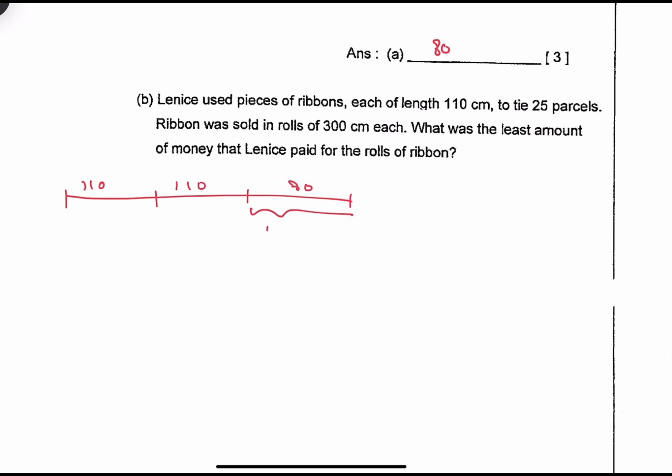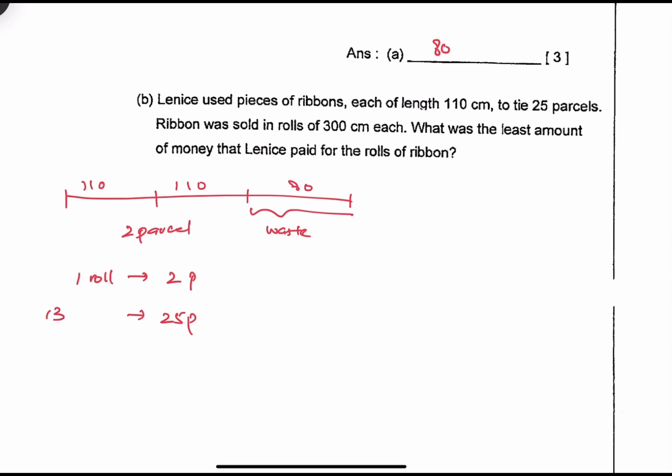So these are actually a waste. So for me, it means that every one roll, you can only tie 2 parcels. You have 25 parcels. You need to buy how many?